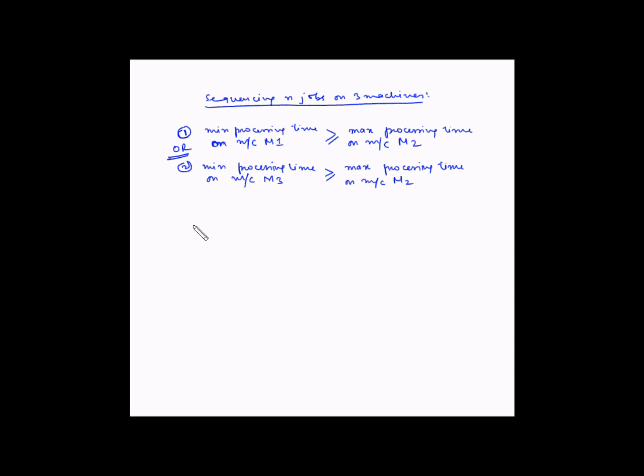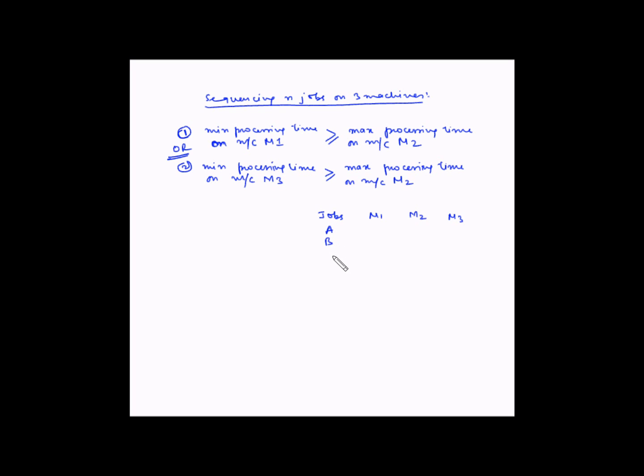Now let us consider the example that has been given to us. So we have jobs, then M1, M2 and M3. Let us list the jobs and the times.